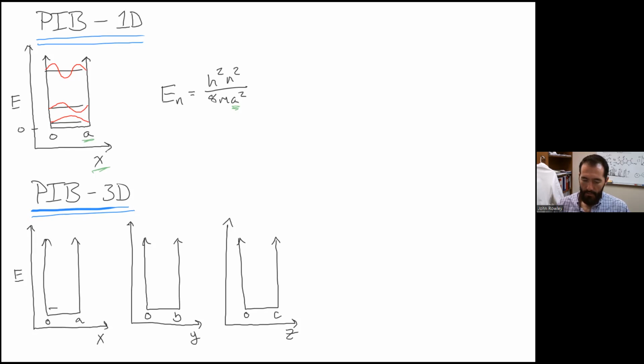Each one of these dimensions, x, y, and z, has a corresponding size, a, b, or c, and a corresponding quantum number, n.